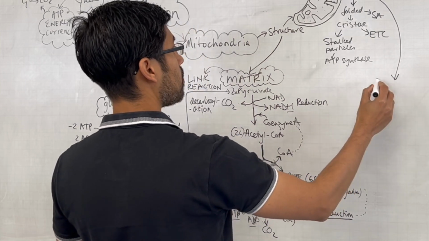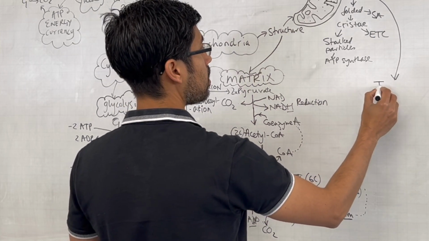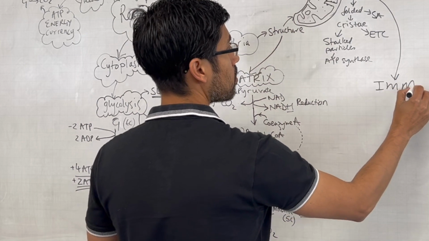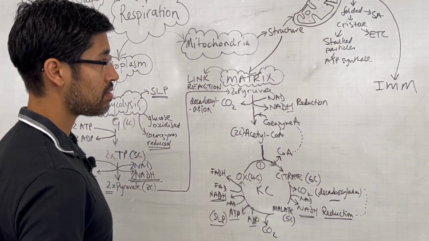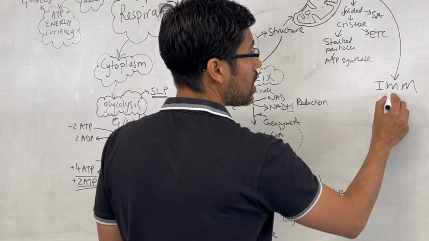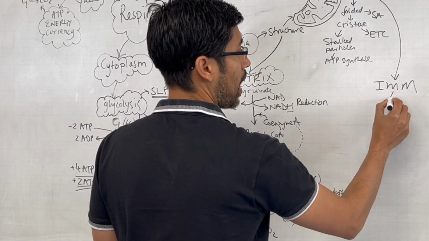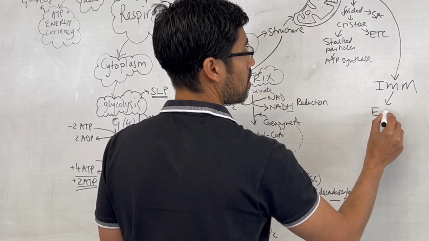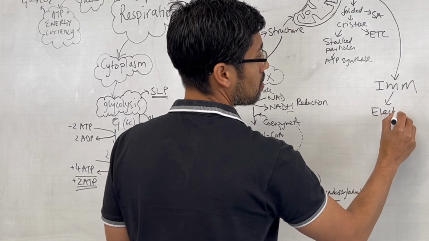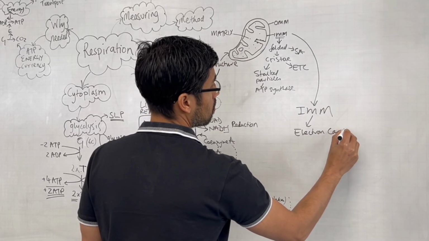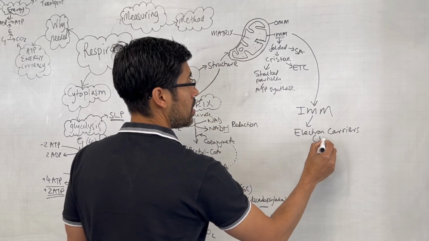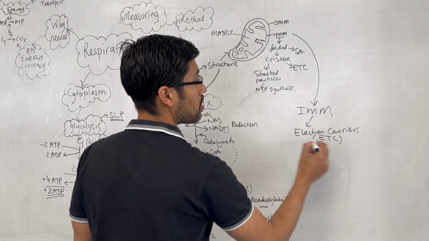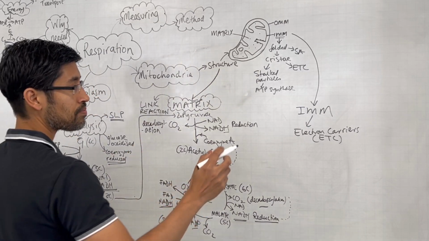Okay, so the inner mitochondrial membrane is where the next stuff happens, and really the story starts at the electron carriers. Okay, the electron carriers, the components of the electron transport chain.